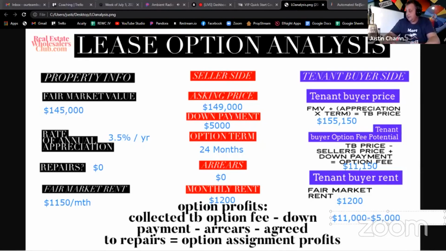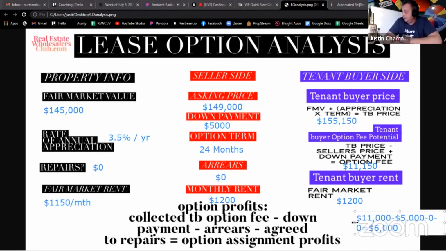That's $5,000. We're going to subtract any arrears, which is none. We're going to subtract any agreed to repairs we agreed to pay for, which we didn't. And then that's going to equal our profits. So our profits on this deal with this particular tenant buyer is $6,000.